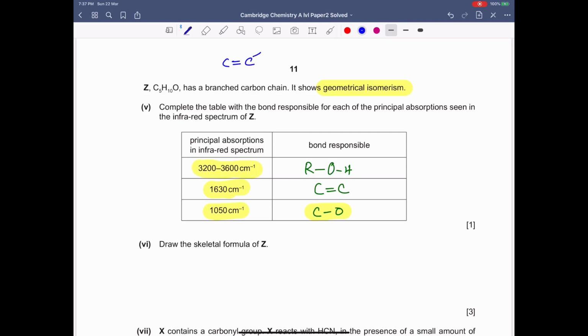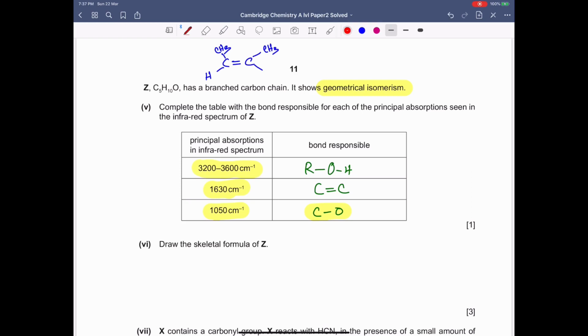So we can put a methyl to fulfill our number of carbons, another methyl, along with a hydrogen, and now we have 4 carbons covered.